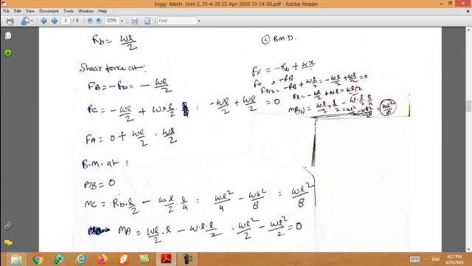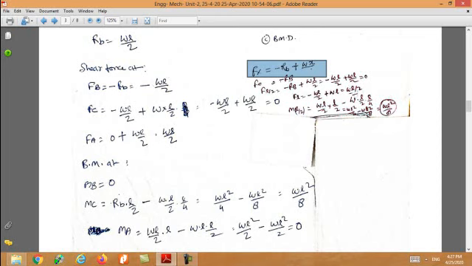And this WL by 2, the bending moment is maximum. So with the help of this equation, when Fx is equal to 0, because the value of Rb is WL by 2, WL by 2 is equal to Wx, which is not written here.